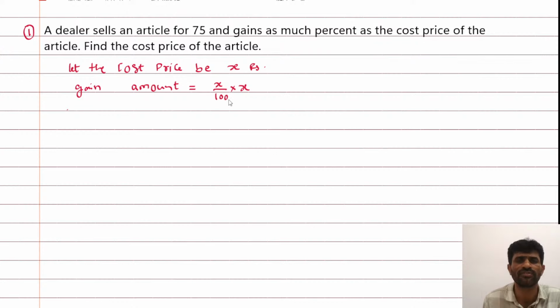This is the amount of how much he gained, because this is gain percent. Now here what formula we used? This is nothing but gain percent by 100 into cost price.